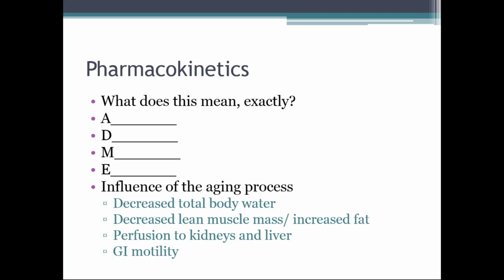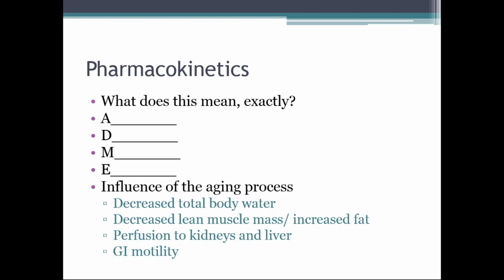But then as you age and the bell curve flattens out, there are going to be some differences. Think back to why, in particular with the older adult population, metabolism and excretion may be different.